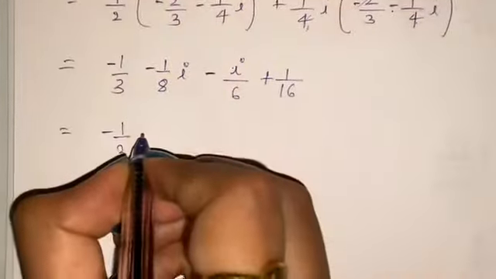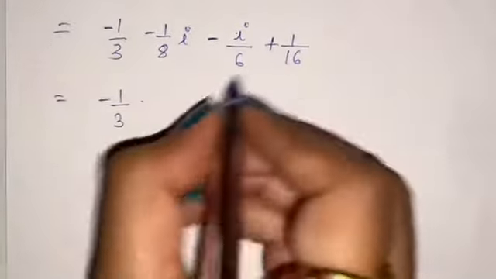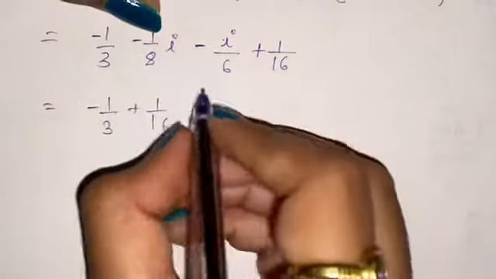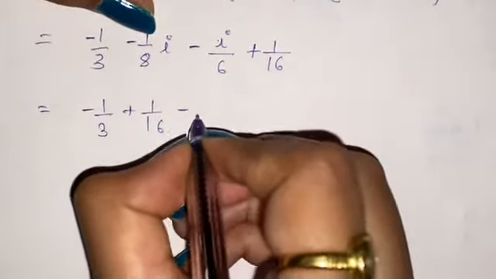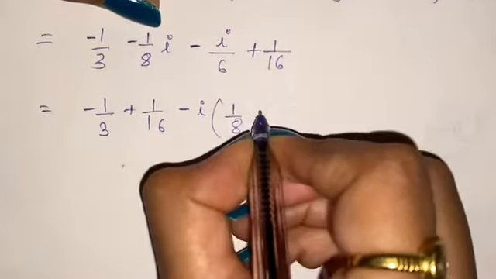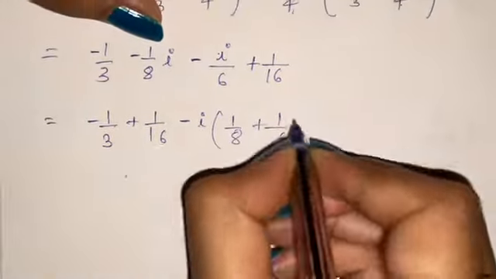So it is equal to minus 1 by 3 plus 1 by 16. For these two with the imaginary part, I will take i common, and minus i outside, so I will get 1 by 8 plus 1 by 6.